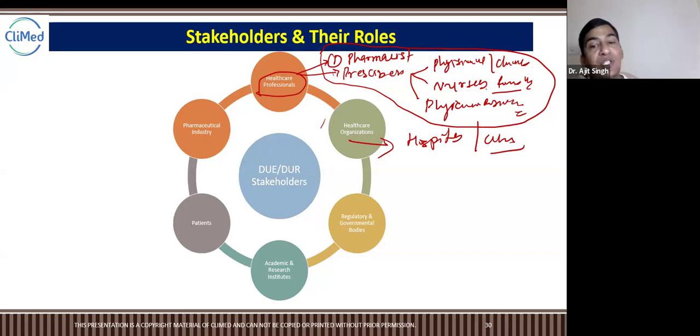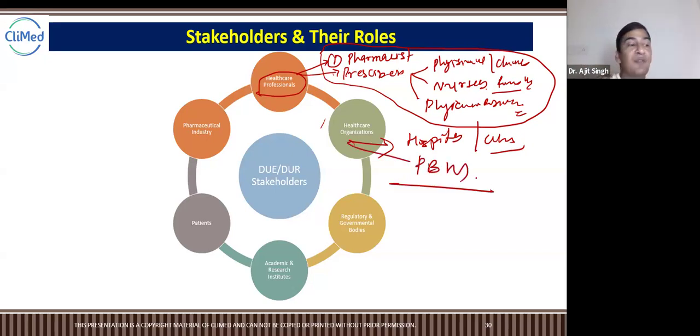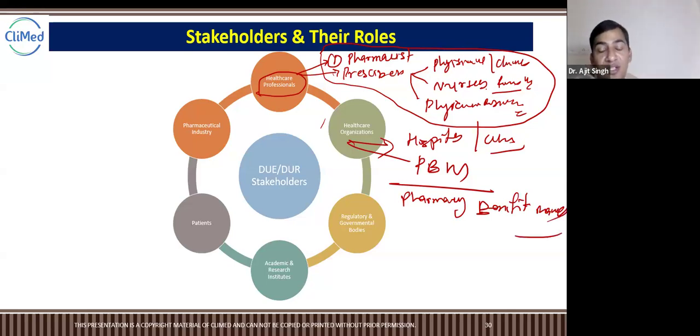And then, not only the hospital, there is something called PBM, pharmacy benefit managers. They are the people who analyze prescription claims data for cost-saving opportunities. Pharmacy benefit managers are also pharmacists or people who are aware of these things.